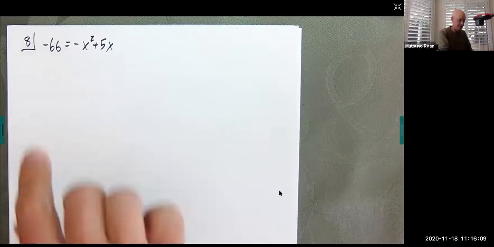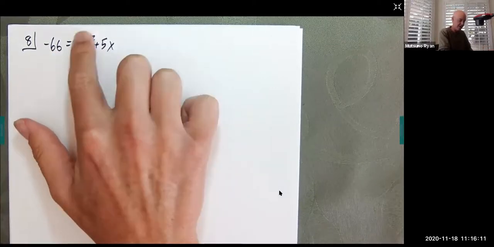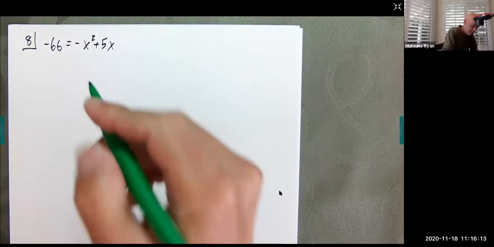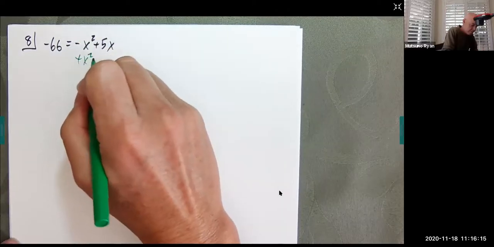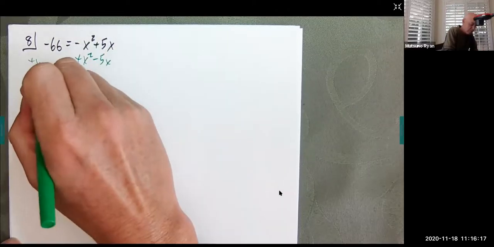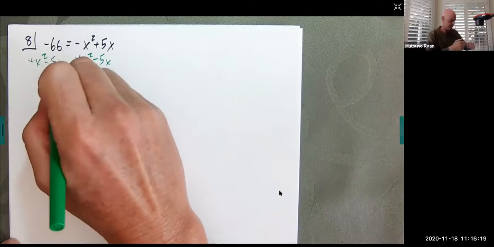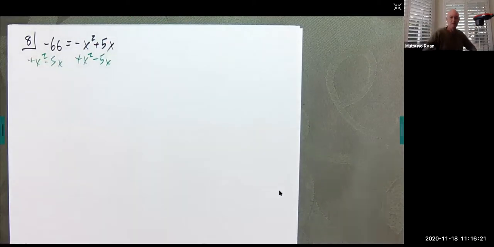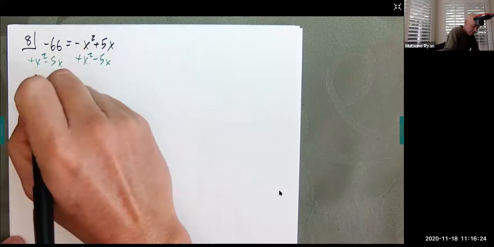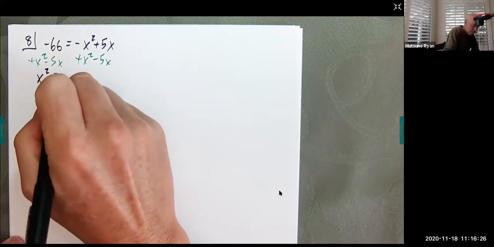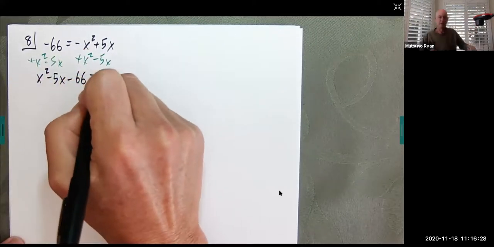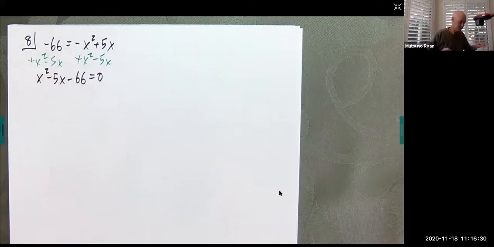So instead of moving the 66 this way, I'm going to actually move both of these that way. And this one very nicely factors for us.